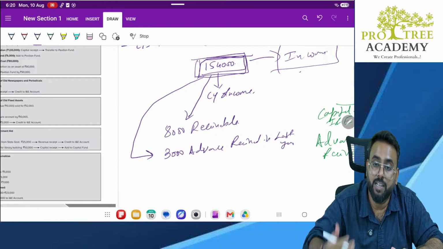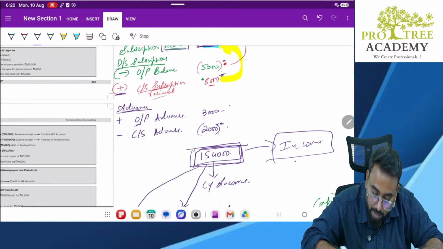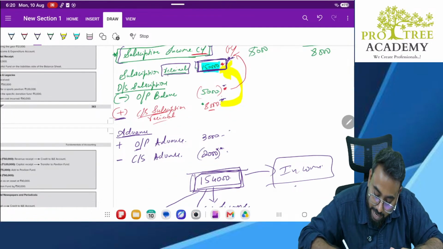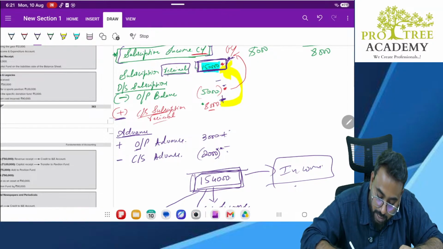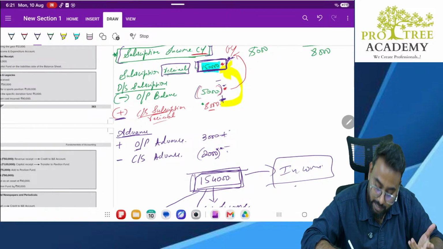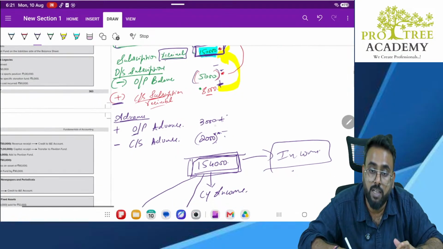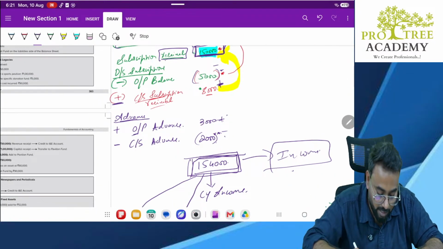That becomes income in the current year. You're understanding? That is why we are adding this and subtracting this and this, because whatever amount we received in the current year is income of last year, and this 2,000 received in the current year is income of the next year. Clear?